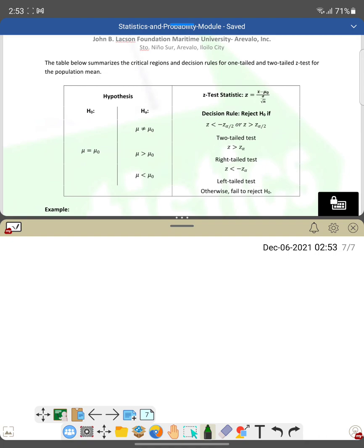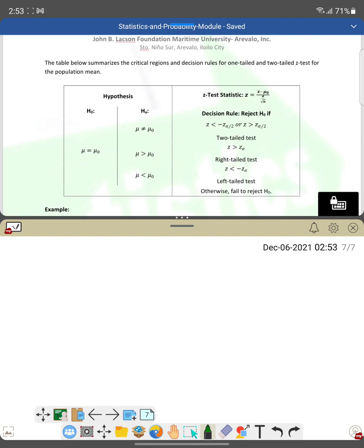The decision is based on the z value that we are going to compute. If z is less than negative z sub alpha over 2, or z is greater than z sub alpha over 2, we have the two-tailed test, because we have the left and the right.